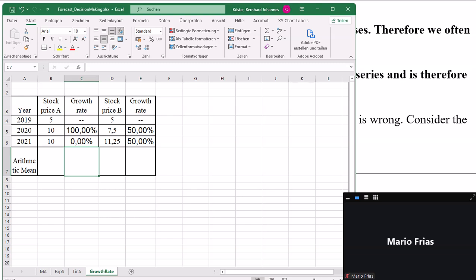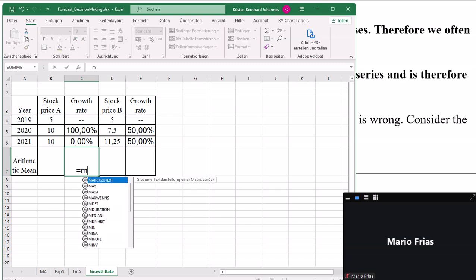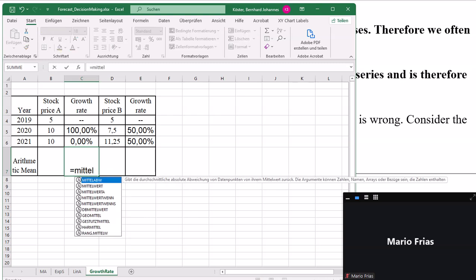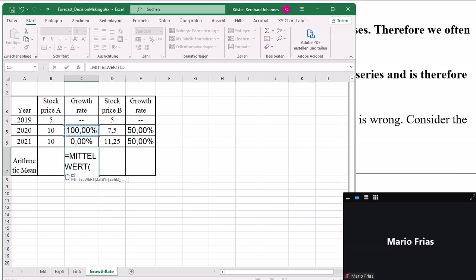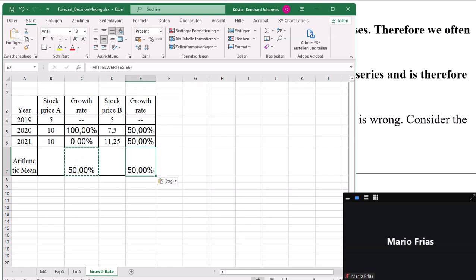And then, of course, since I have chosen the numbers like this, we obtain the same average growth rate for both time series. But of course, you know that we have to take the geometric mean of the growth factors and then subtract 1.